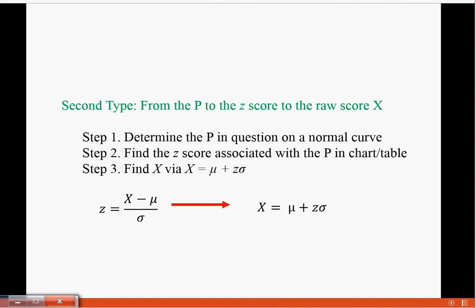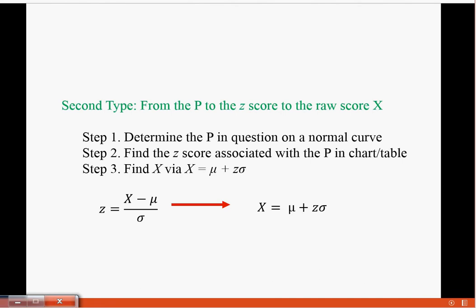Now, the second type of calculation involves, from the known value of percentages, calculating the value of the original variable x. Again, three steps are involved. First, you need to determine what is the appropriate percentage to use.